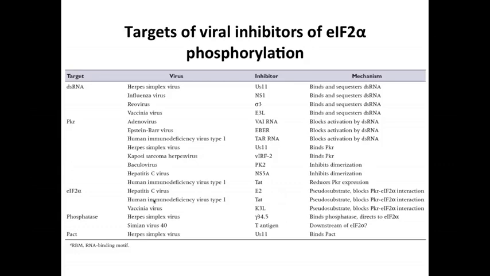You can see that a lot of different viruses are involved, a lot of viral proteins or RNAs are involved, and the targets are different. Some of them bind double-stranded RNA, some of them bind PKR, and some are pseudosubstrates. So again, this is a very important pathway, and many viruses have evolved mechanisms to get around it.